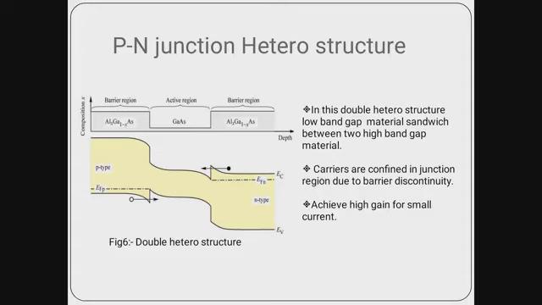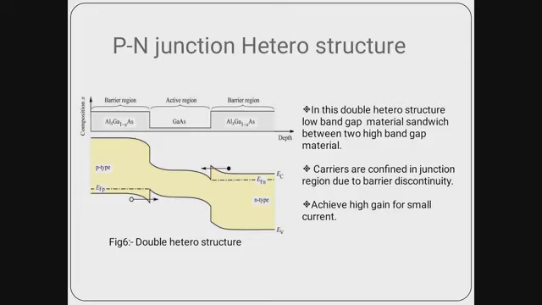Now we have taken a double heterostructure, which I have chosen over here. What basically happens inside this structure? Here I have chosen aluminum gallium arsenide, which is a higher band gap material as compared to gallium arsenide. Gallium arsenide is a low band gap material, and its electron affinity is much higher as compared to aluminum gallium arsenide.